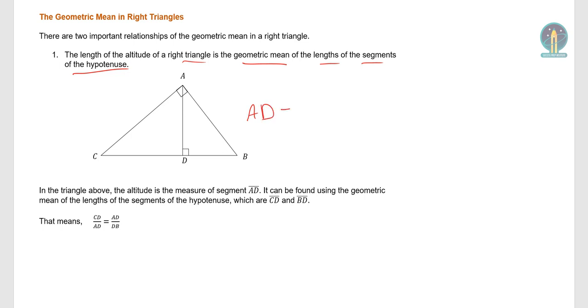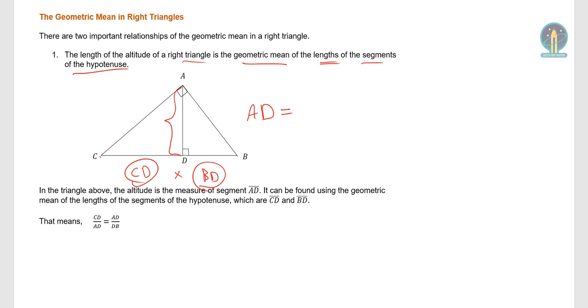So AD is the geometric mean of the lengths of the segments of the hypotenuse. The hypotenuse here is BC. It is made of segment BD and segment CD. If we take the geometric mean of the lengths of these two segments, we get the length of AD, the altitude.